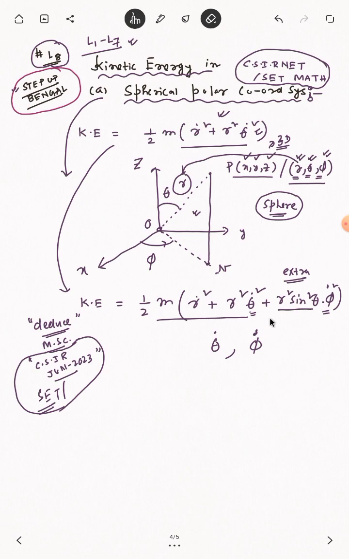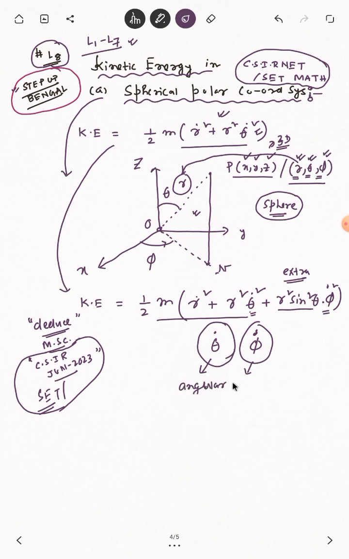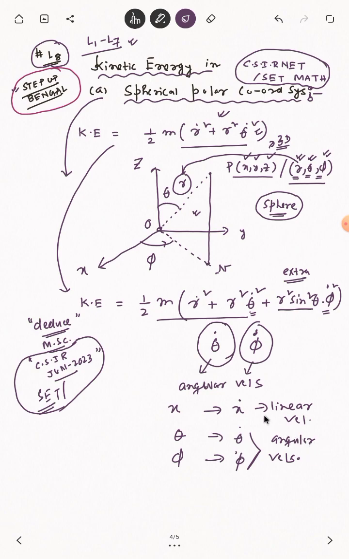Let us make it clear, not double dot, phi dot. So especially these two are angular velocities, because from x we have x dot, that is linear velocity, and similarly from theta we get theta dot, or from phi we get phi dot, and we call those angular velocities.